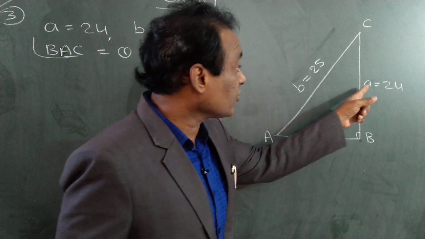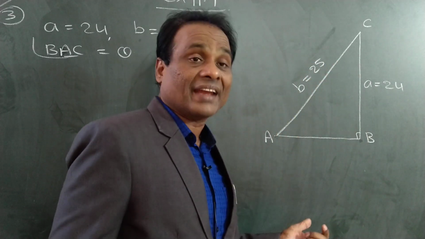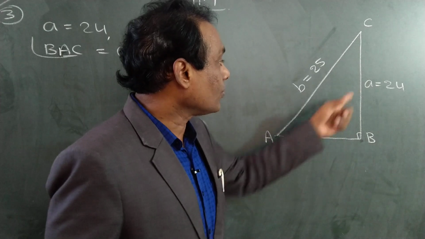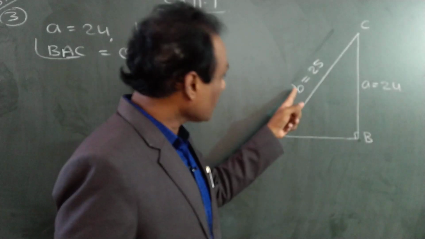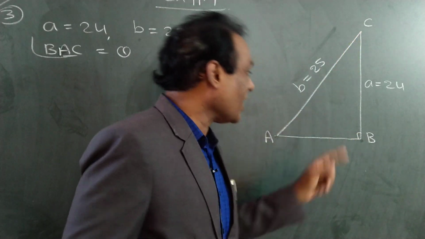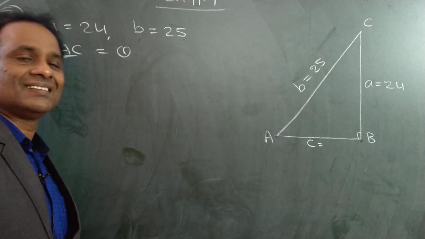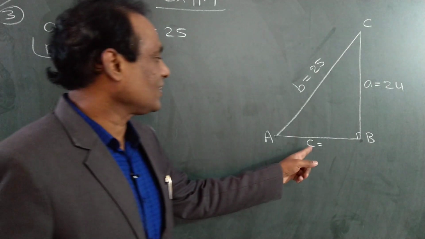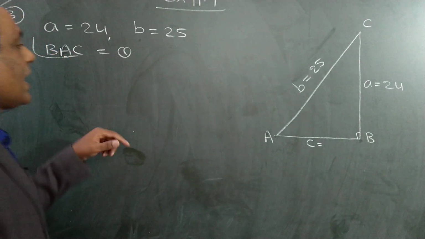See, the symbols small a, small b, small c represent lengths of the sides. Small a is the side opposite to angle A. Small b is the side opposite to angle B. Small c is the side opposite to angle C. Now, angle BAC is theta.